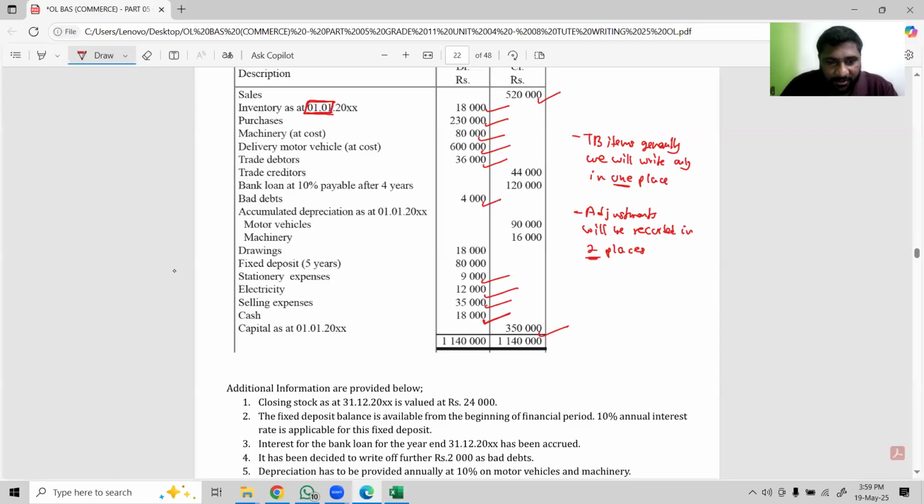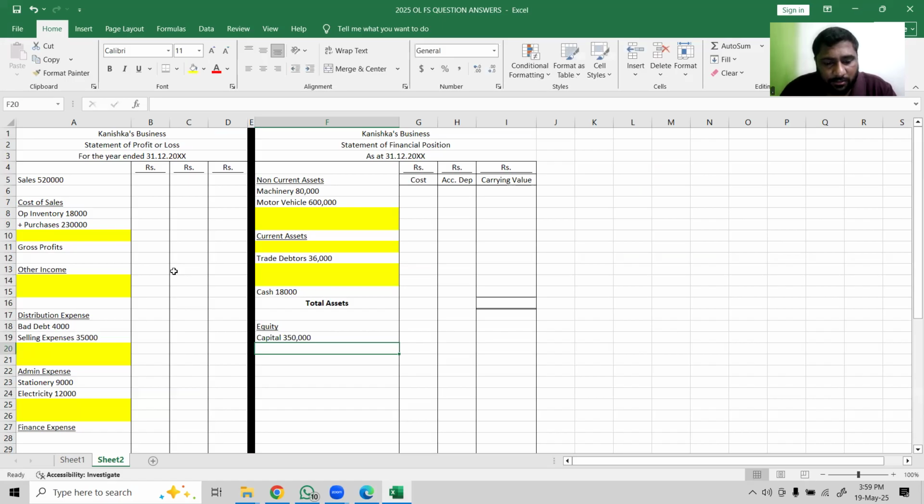In this question, we have drawings 18,000. Drawings will reduce the equity. Minus 18,000.